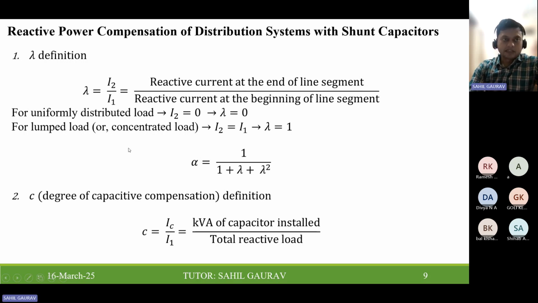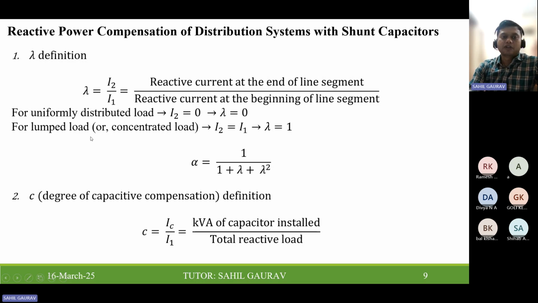some expressions, like this lambda. We should know the lambda. Lambda is the ratio of reactive current at the end of the line segment to reactive current at the beginning of the line segment. If the load is uniformly distributed across the feeder, then this I2 will be 0, and lambda equals 0.